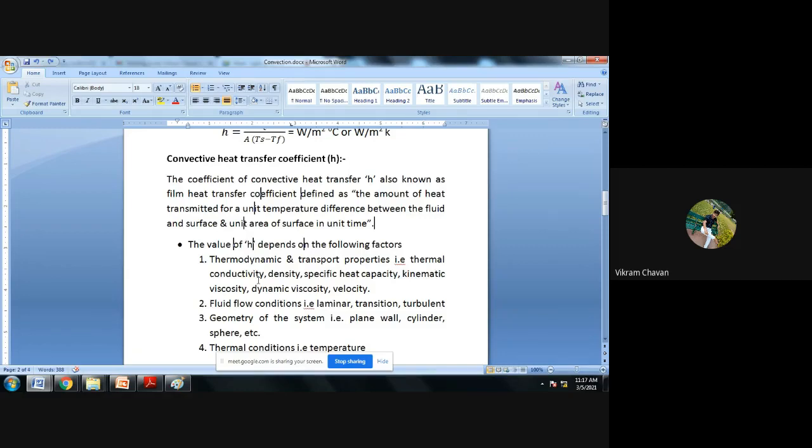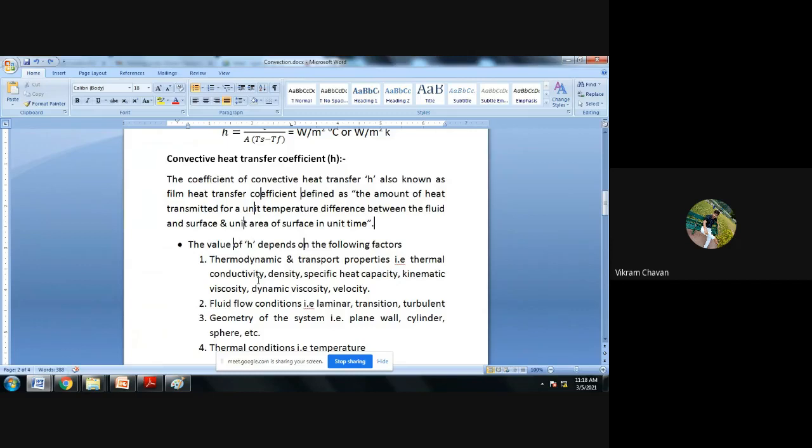We have discussed natural convection and forced convection. In natural convection, the heat is transferred naturally because of a density difference. So in the case of natural convection, the convective heat transfer coefficient value is lesser as compared to forced convection, because in forced convection we are blowing air over the surface forcefully.